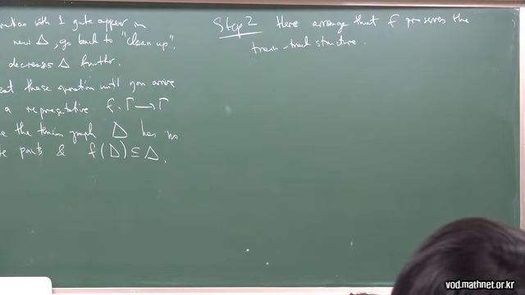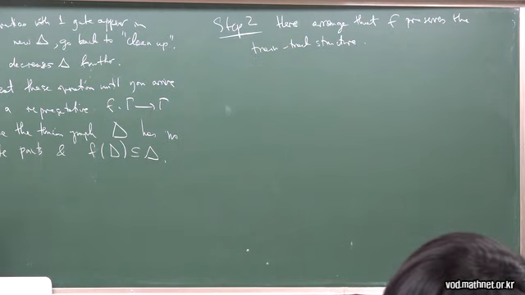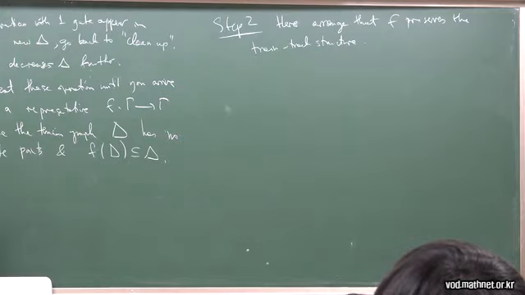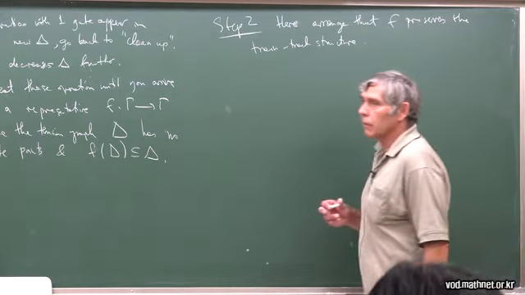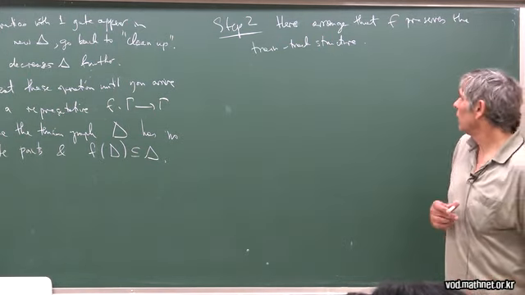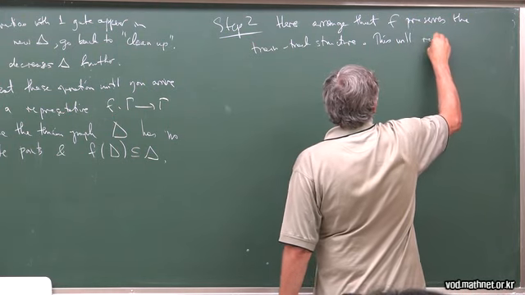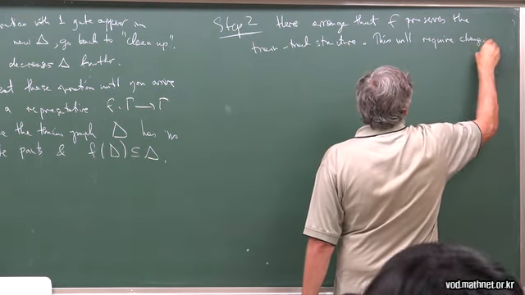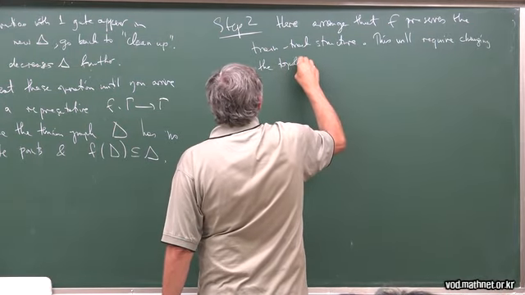Even the metric, gamma stays the same point. We just perturb f. In this step, we don't change the topology of gamma. We just perturb the metric, and then maybe also the map f. In here, in step 2, we'll actually perturb gamma itself. Okay, so this will require changing the topology of gamma.